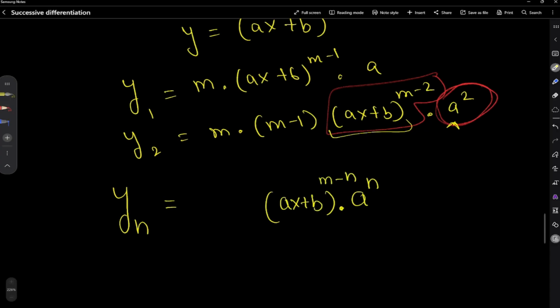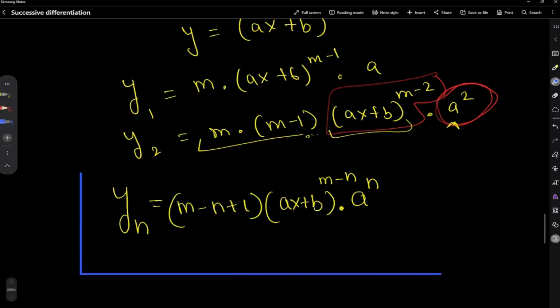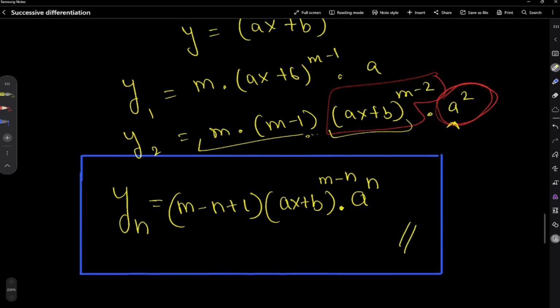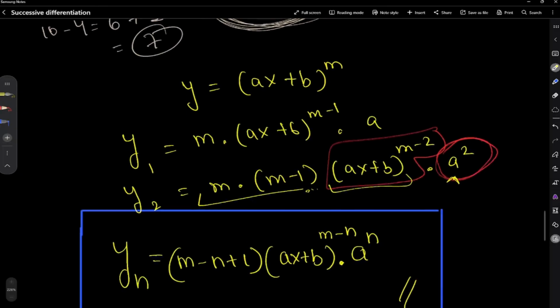And for this dotted term, we came up with m minus n plus 1. Now this is our general equation, this is our general equation for this problem.